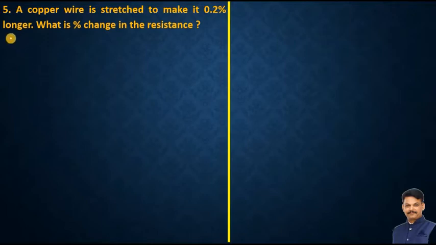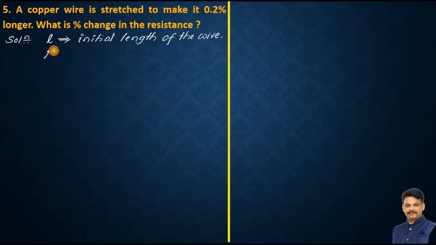Okay, see what they say. They say that a copper wire is stretched to make it 0.2% longer. So if L is the initial length of the wire, then in that length a 0.2% increase is made.